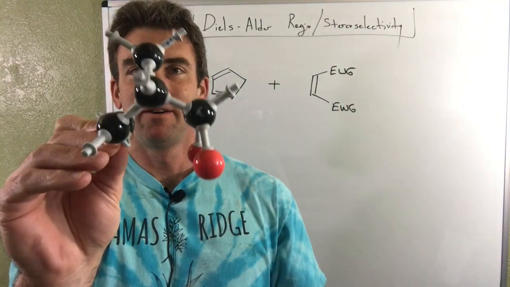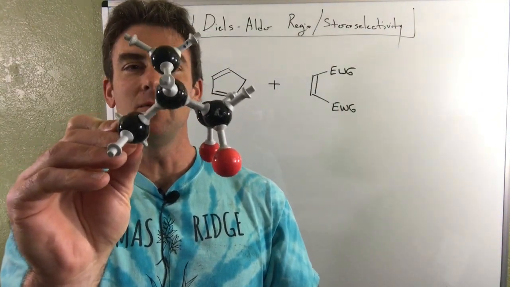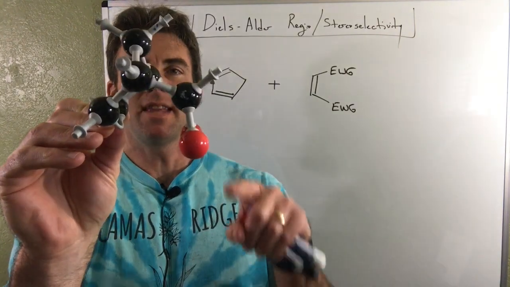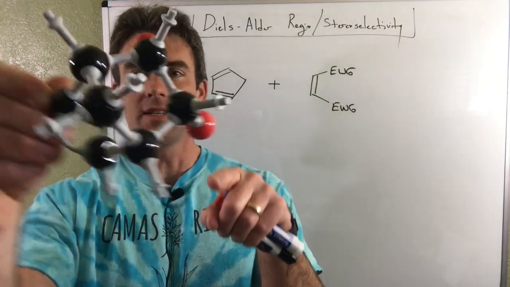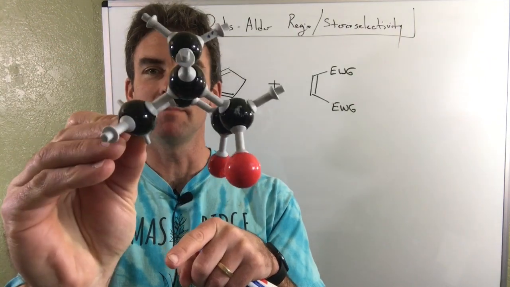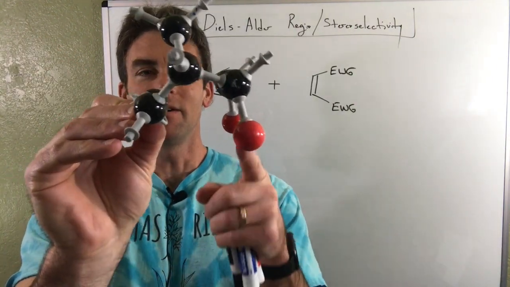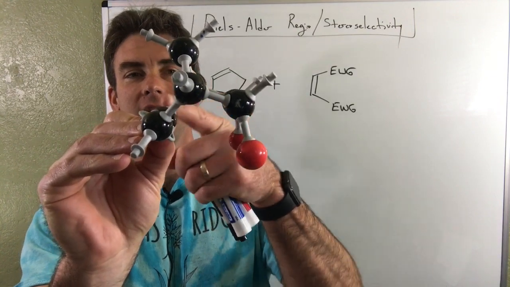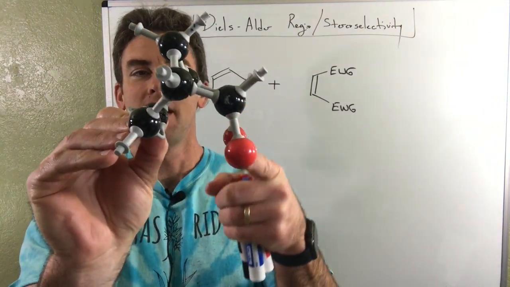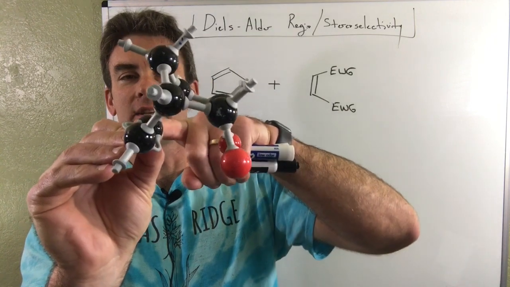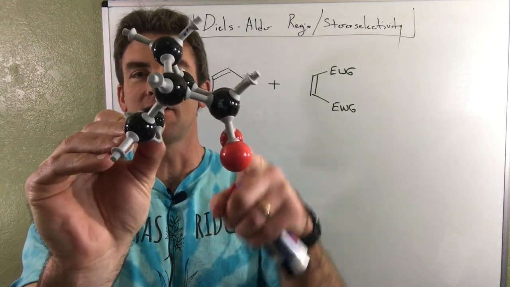What I'd like you to notice is, if you look at the six-membered ring, there's my six-membered ring. In this plane right here, there is almost a U shape for that six-membered ring and the electron withdrawing groups.